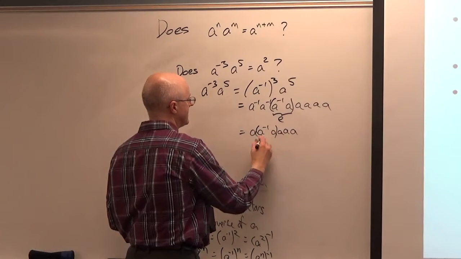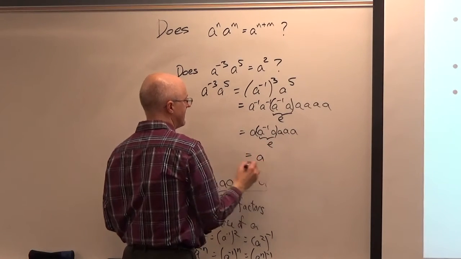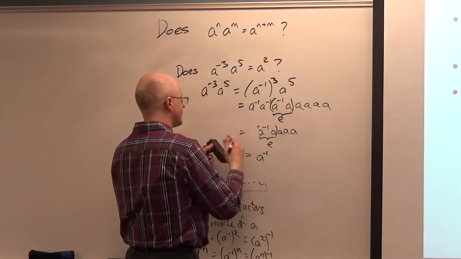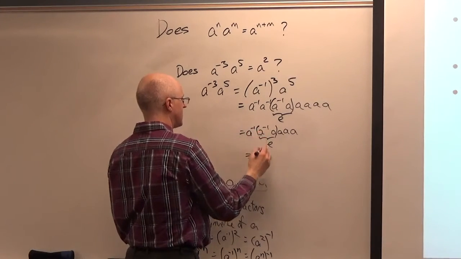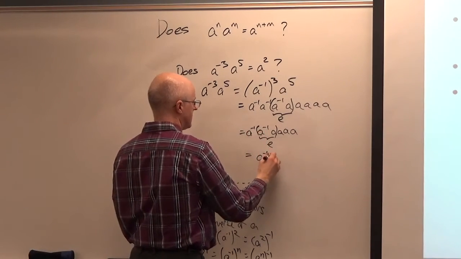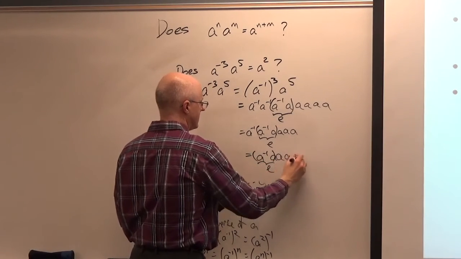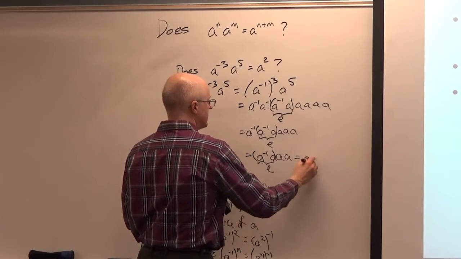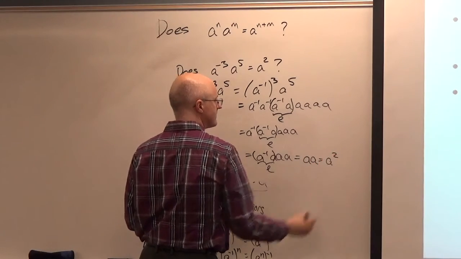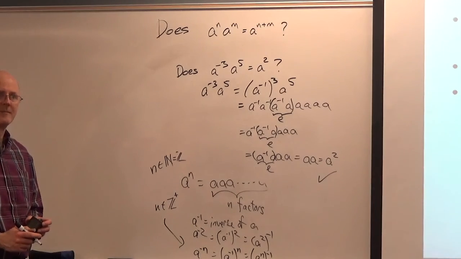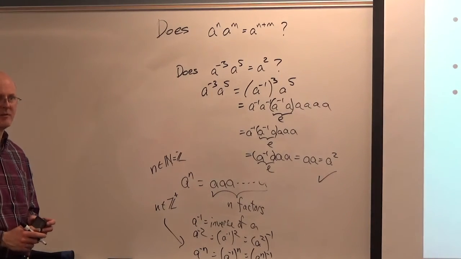Then these combine to give E, making that equal to this. I forgot an A inverse here. Then these combine to give E, leaving you with A times A, leaving you with A squared. And you can verify it in general too.